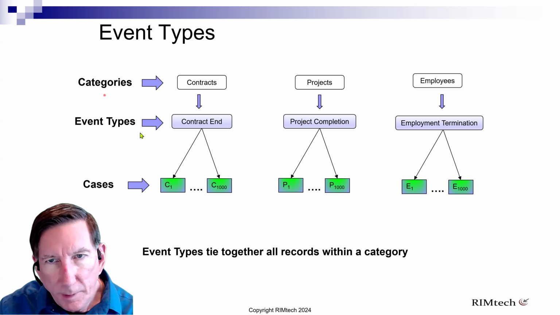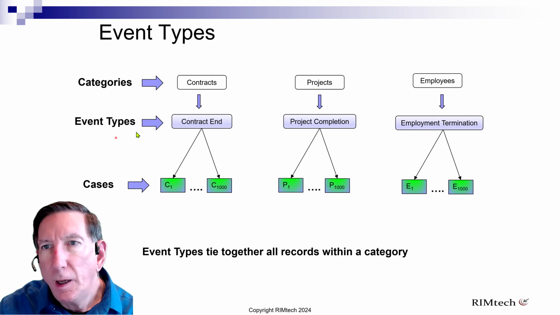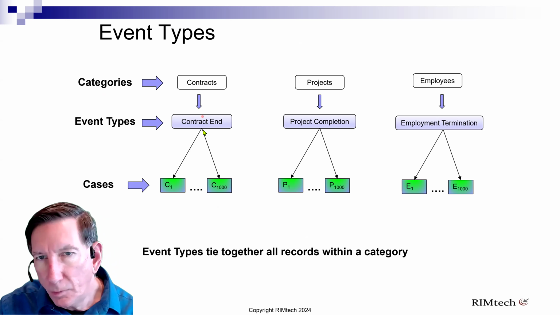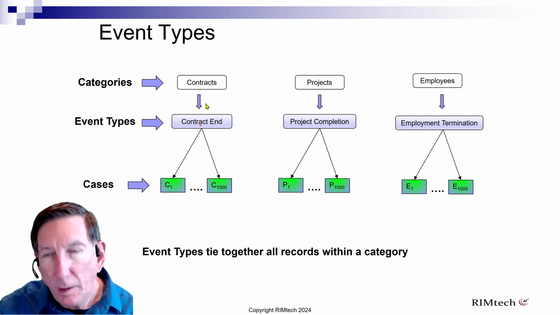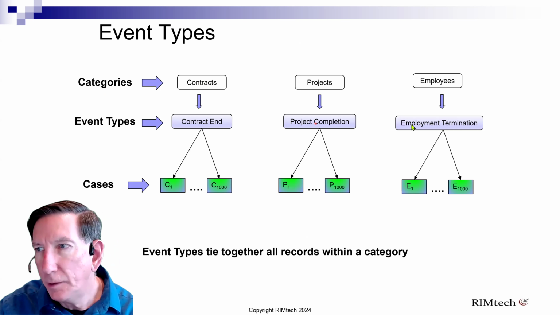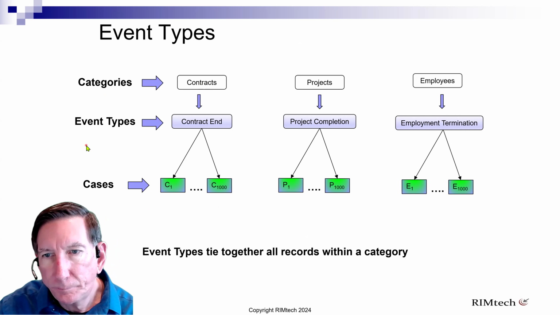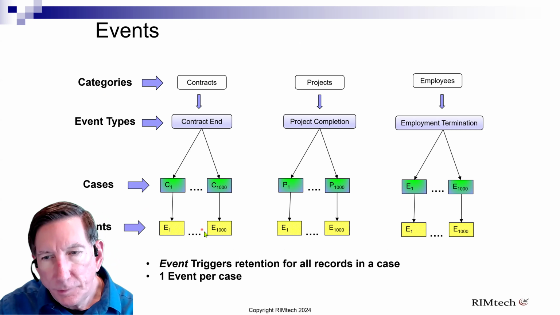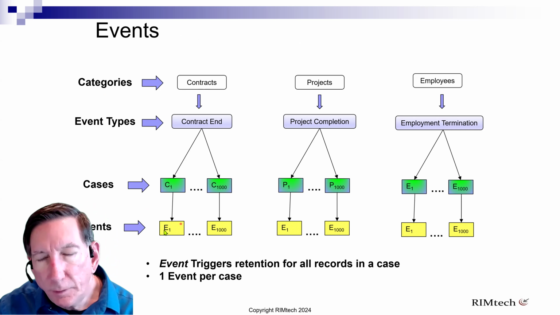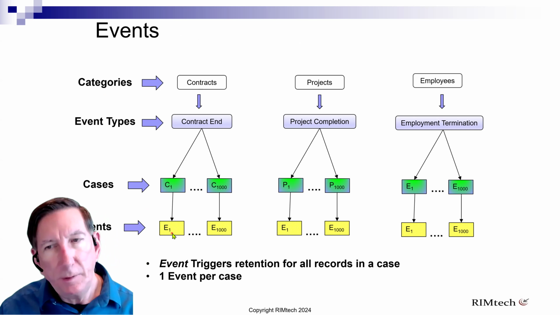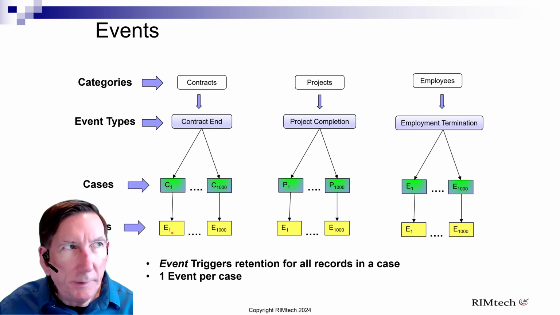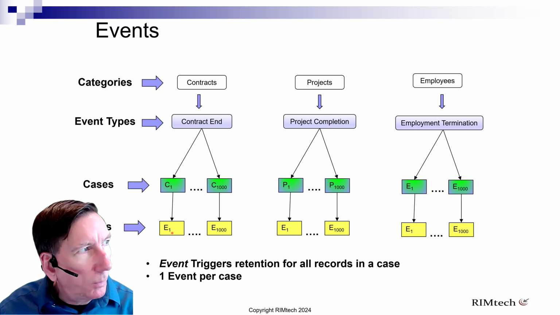So the first element is event types. Each category has only one event type. So here we would have three types: contract end, project completion, and employment termination. The events are shown in yellow. You have to create these events in Purview. Do I think that's a good approach? No. Would I do it?